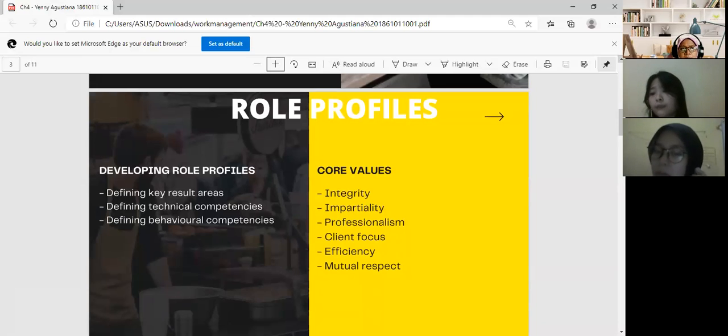The role profile needs to be updated every time a performance agreement is developed. In developing a role profile, first we should define the key result area.